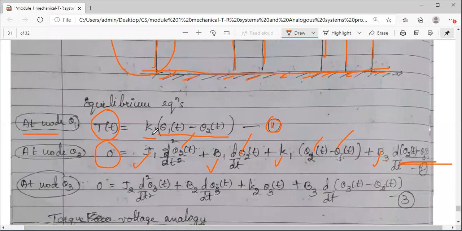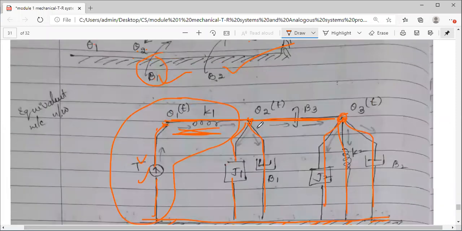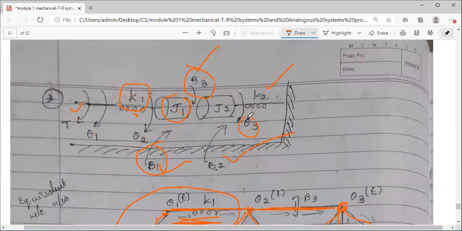Coming to node 3, you can see how many elements are connected here. Node 3, you have the J2 term, you have K2, you have B2, and you have B3. So again, 4 terms you'll get. In this problem, there is one more interesting thing.